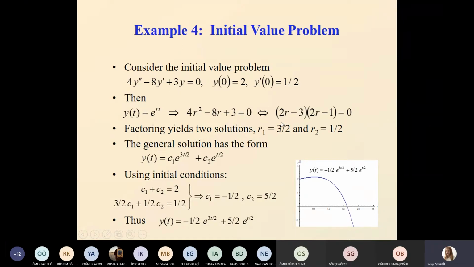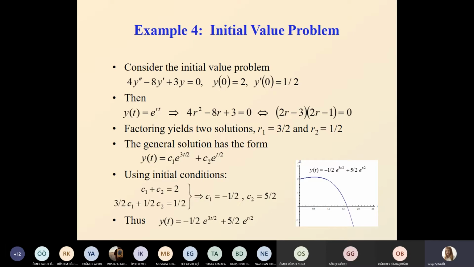You can factor this one as (2r minus 3) times (2r minus 1). Or you can use the quadratic formula just to make sure. And you have two different roots. If you have two different roots, you just put these as the power of an exponential, and you can write your general solution as a linear combination of these two exponentials.